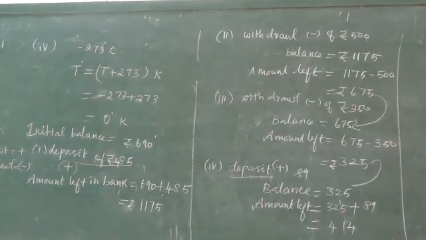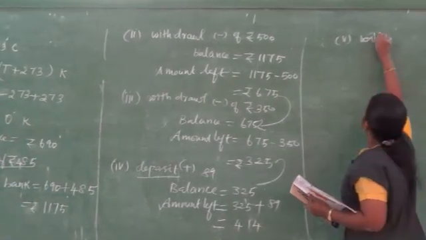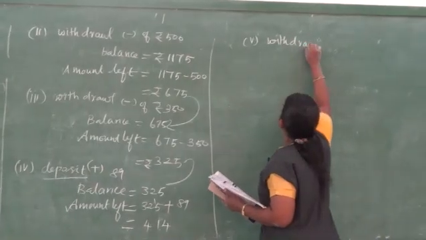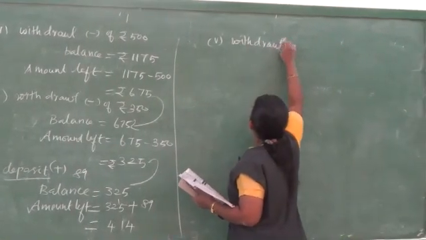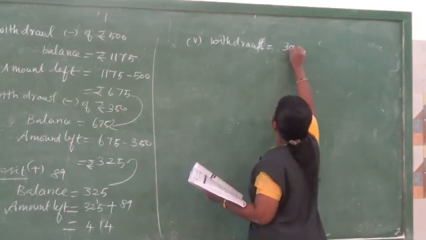The fifth option is given to us: another 300 was withdrawn. So now the minus sign, 300.